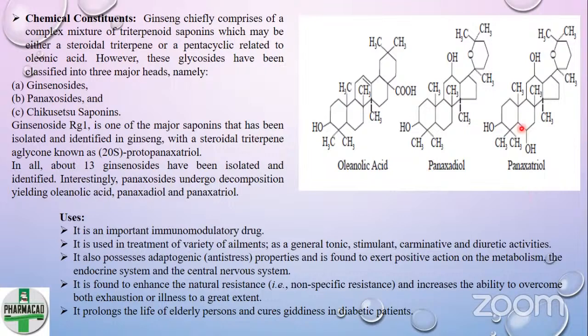Now, you must have heard a lot about ginseng during COVID. Okay, it acts as a very good immunomodulator, and plus it is used in treatment of a variety of ailments. It acts as a stimulant, diuretic, and it has a very good adaptogenic, that is anti-stress, property, which is found to exert positive action on metabolism, the endocrine system and CNS.